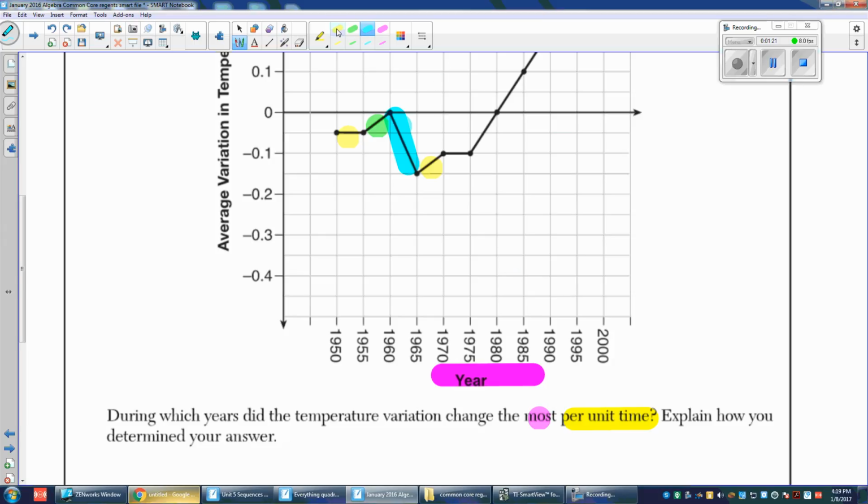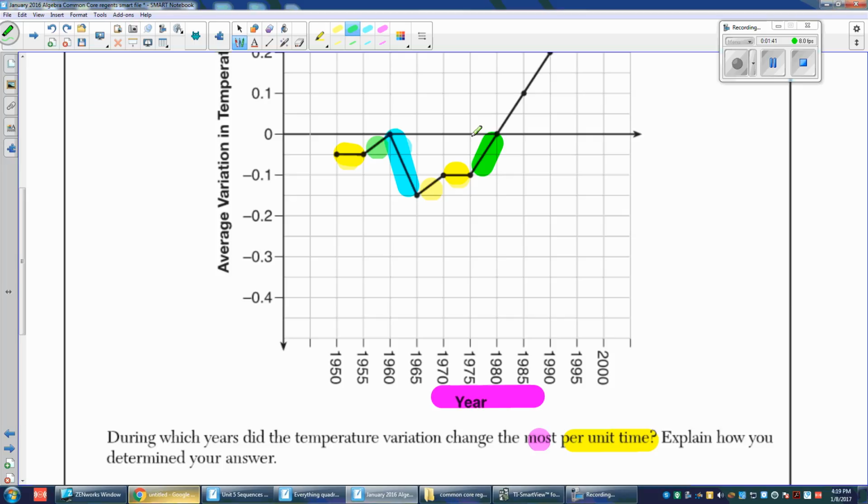So if we notice, first of all, a horizontal line is going to have no change. During which temperature did the variation change the most? Well, there's no change there. There's no change here. So that's going to be totally out. If we notice also, that change, rise 1, run 1, is the same as this change.